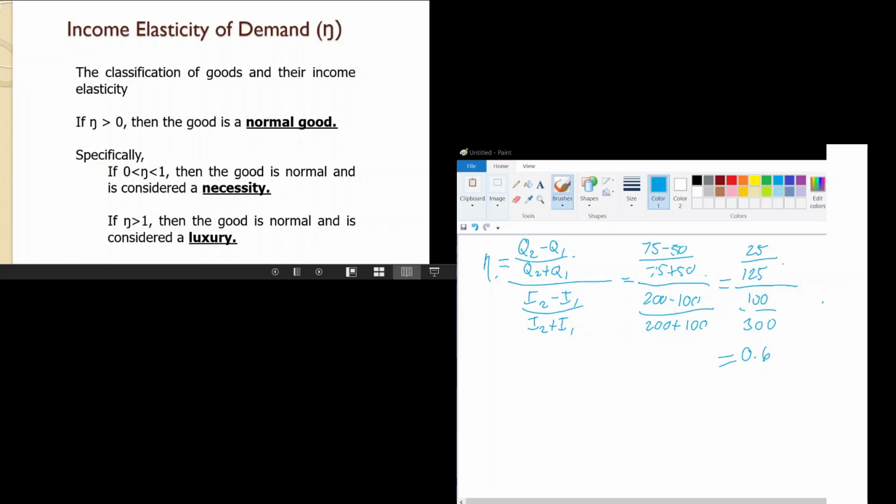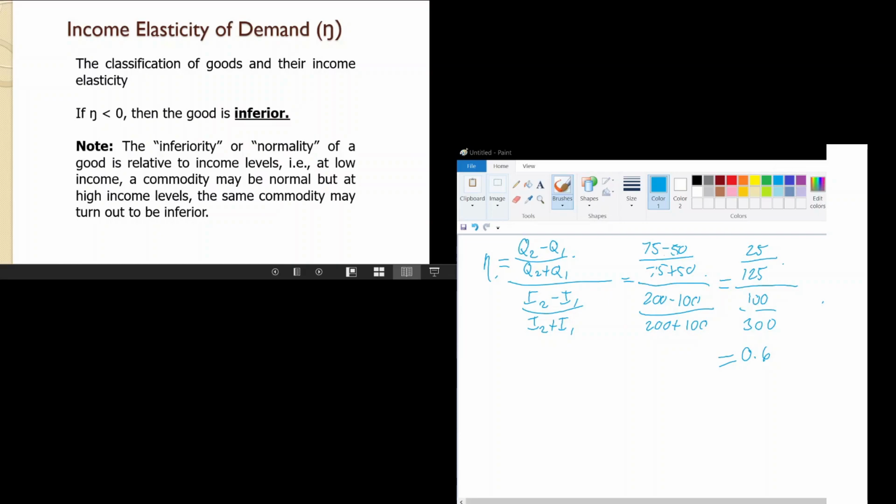Okay, again, if the computed value is positive, then we can consider it as a normal good. So, if we know that it is a normal good, we need to classify if it is necessity or luxury. If the computed value is positive and greater than 0 but less than 1, it is a necessity. But if the computed value is positive and greater than 1, it is luxury. So, dalawang interpretation na yun. Okay?